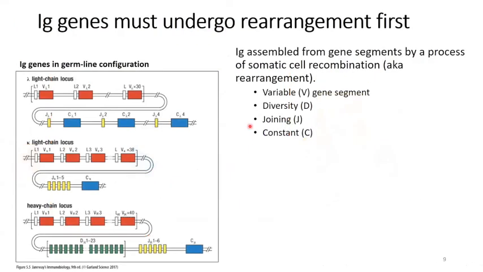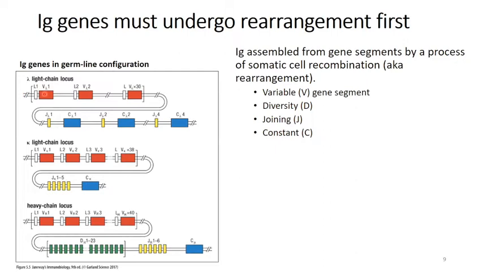So this is a textbook diagram of what's called the germline configuration of these gene segments. There are two light chains. They're called lambda and kappa, antibody light chains, and there's one heavy chain locus. And so you'll notice that each of these loci contains multiple gene segments, and those are called variable gene segments, diversity gene segments, joining gene segments, and then constant.